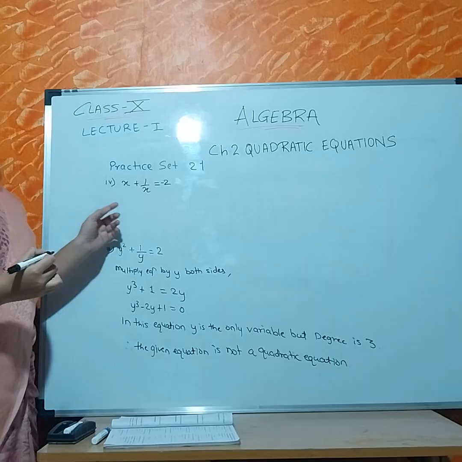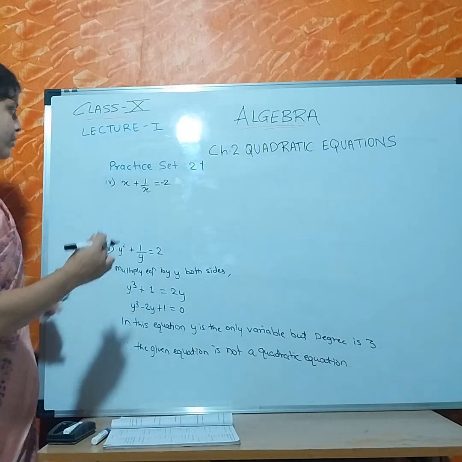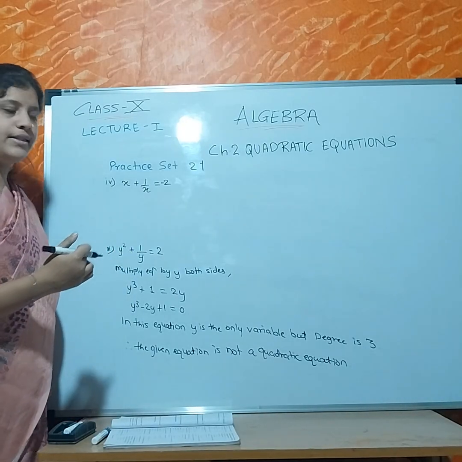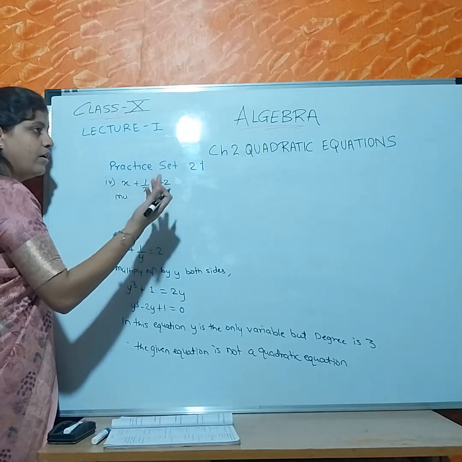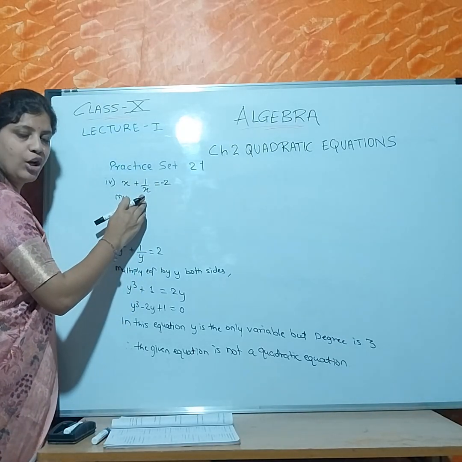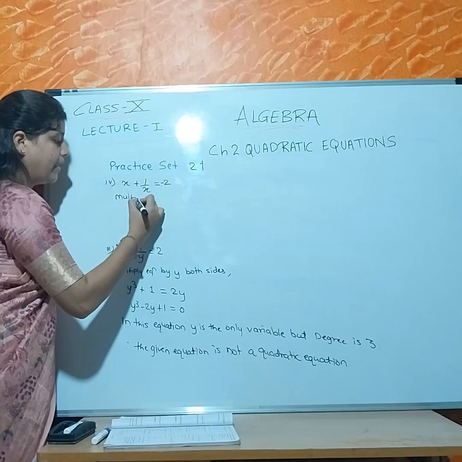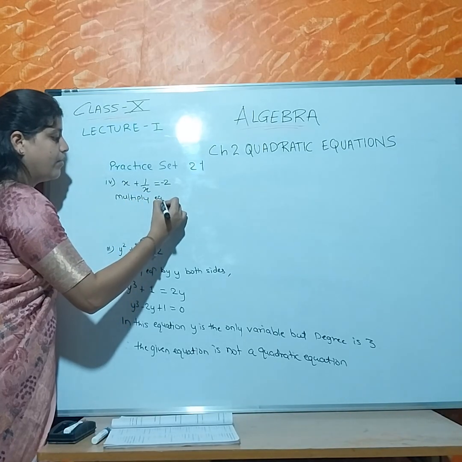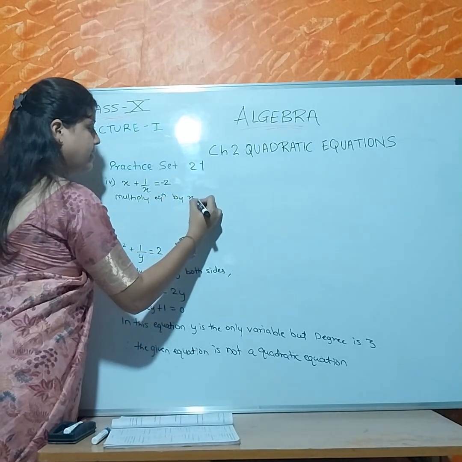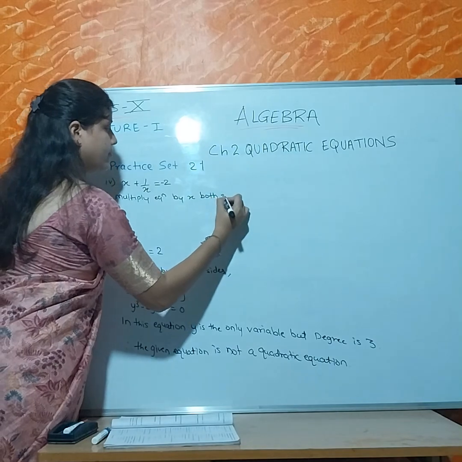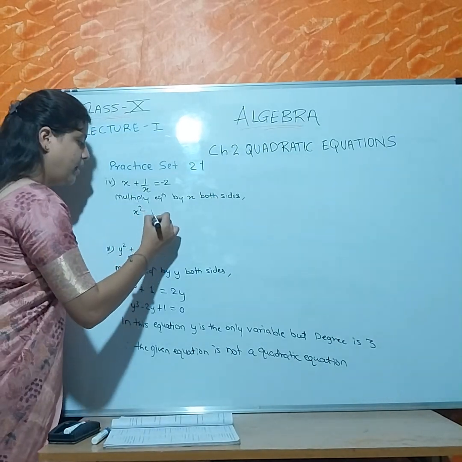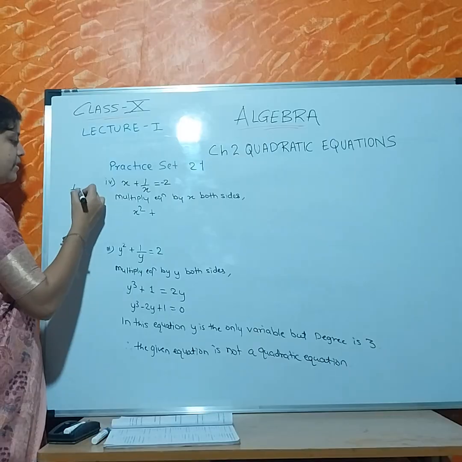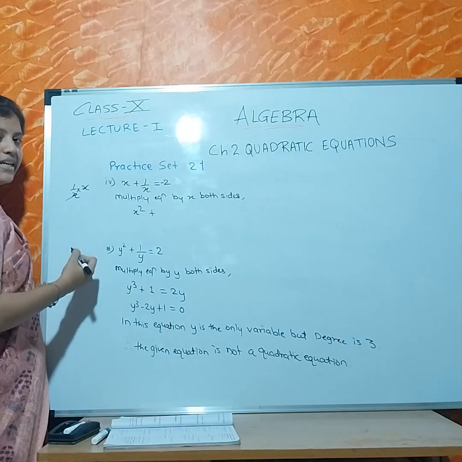Now here x plus 1 upon x is equal to minus 2. Let us solve this equation first. We will multiply this by x both sides to eliminate this x in the denominator. So multiply the equation by x both the sides. x into x, x square plus 1 upon x into x, both x get cancelled.